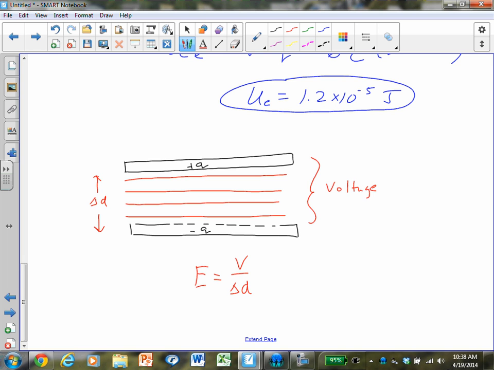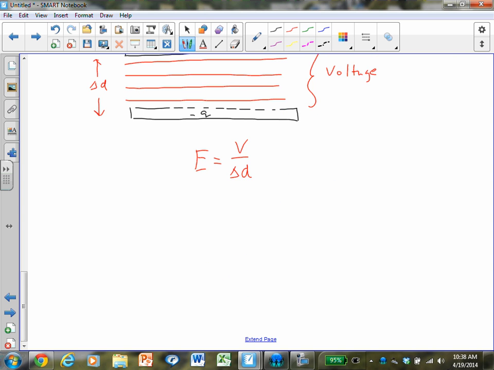and the separation would be, actually just D would be better instead of change in D. It's just the distance between the two plates, D. And so you can measure the electric field. So if you had something like a battery of 12 volts set up between two plates, we could measure the electric field between them.